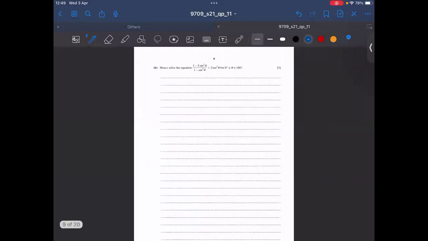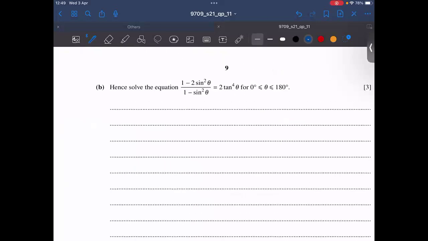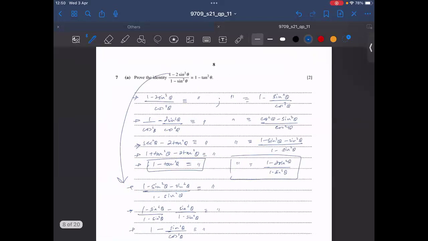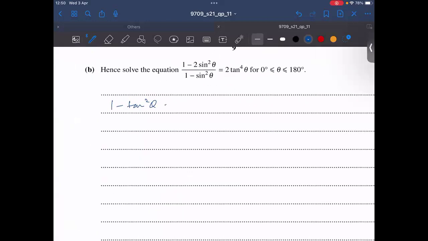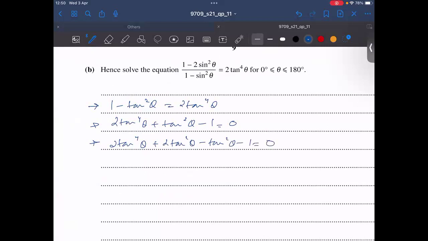Okay, that's good. And solve the equation. So I know that this is equivalent to 1 minus tan square theta. Equals to 2 tan to the power of 4 theta. So 2 tan to the power of 4 theta plus tan square theta minus 1 equal to 0. You can write down 2 tan to the power of 4 theta plus 2 tan square theta minus tan square theta minus 1 equal to 0.